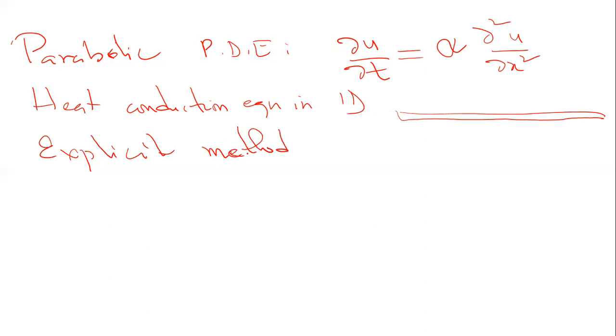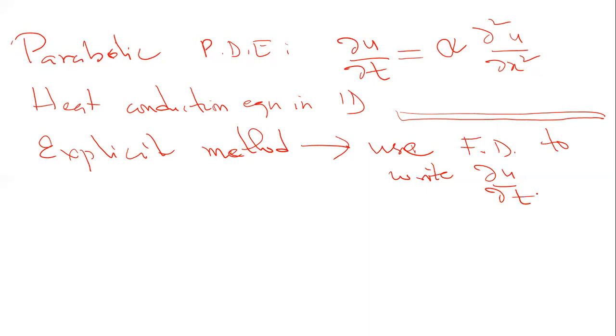In the explicit method, we are going to use forward difference to write del U upon del T.